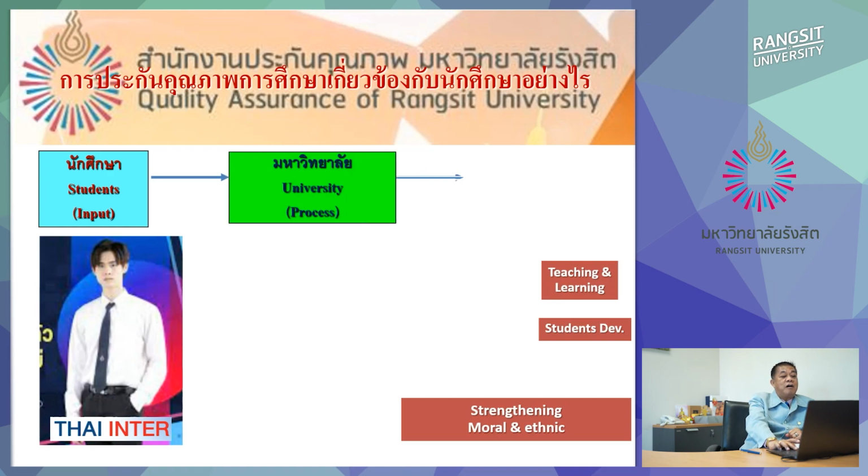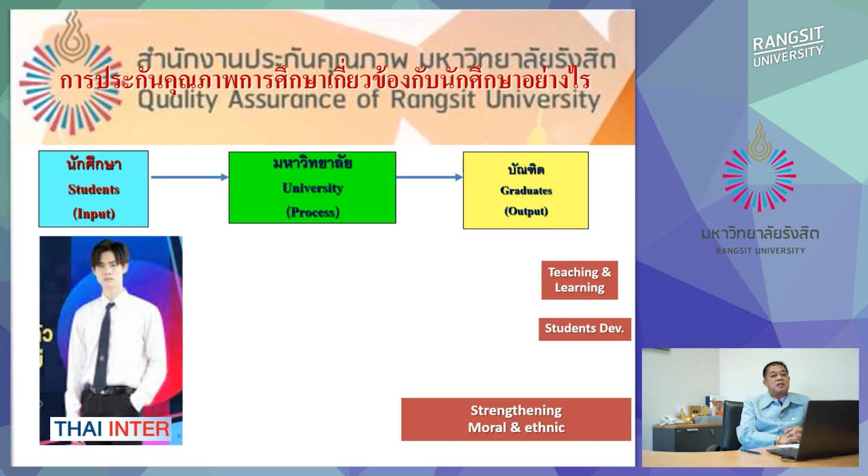The process of student QA starts from the student coming to the university as the input, from the first year until graduation. The university is the one that runs the process, and finally, the students themselves are the output.